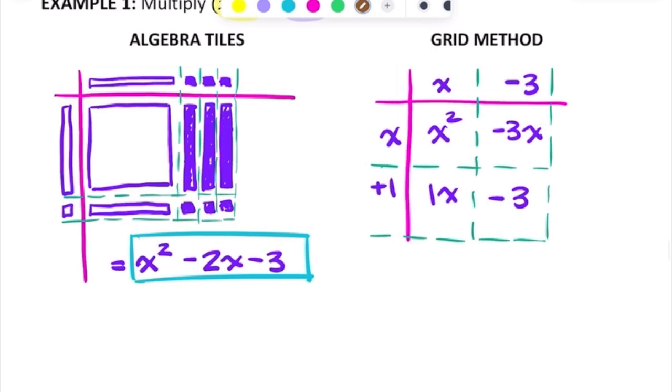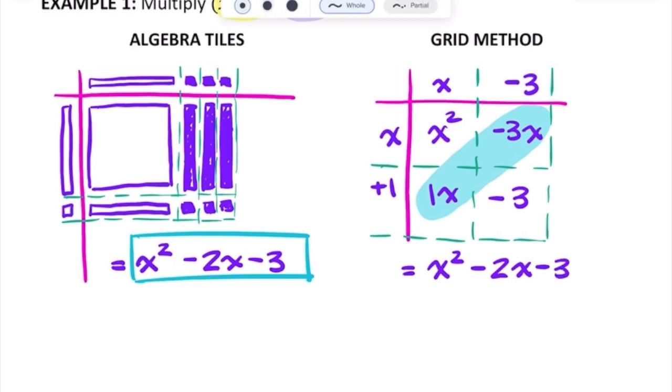Now, the nice thing about grid method is when I'm looking at my like terms, most frequently they line up on my diagonal there. So when I'm going ahead and writing out my final answer, I'm really adding all those boxes together, but acknowledging any like terms or zero pairs that exist. I get my x squared minus 2x minus 3.